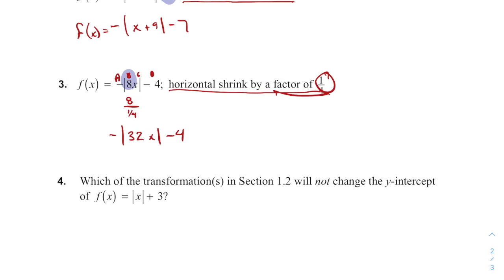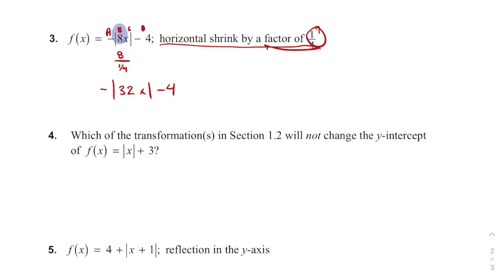So it says, which of the transformations in 1.2 will not change the y-intercept? Well, you're not going to have to answer any questions like that, but basically anytime you move an absolute value up or down, obviously it's going to change the y-intercept.